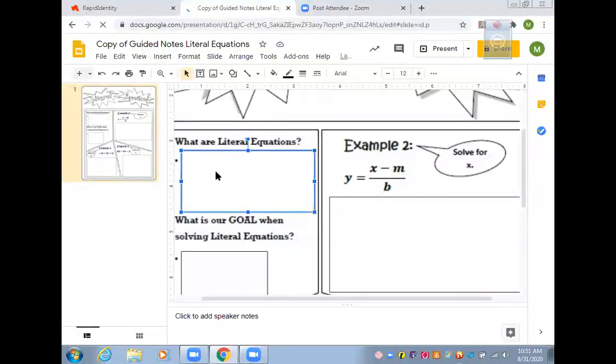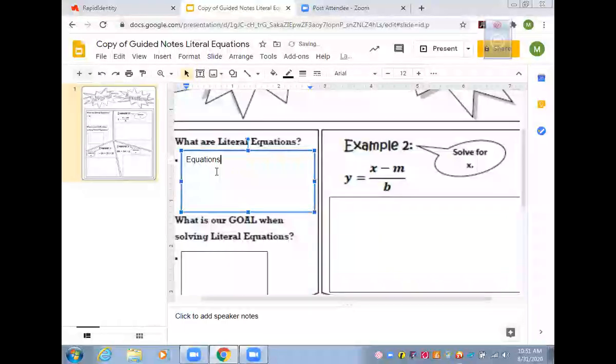All right, so literal equations, by definition, what are they? They are equations that have more than one different variable.